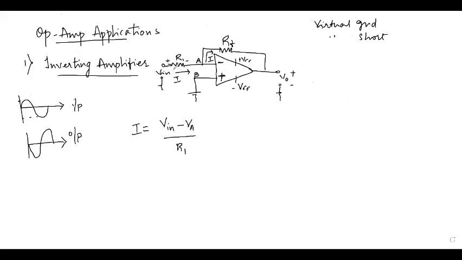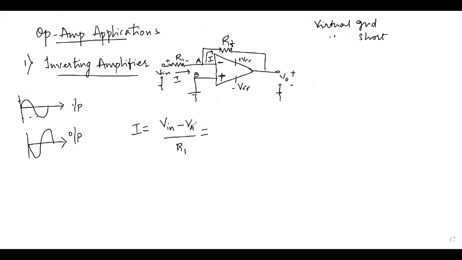So the current flowing through R1 is equal to Vin minus VA divided by this resistance. The potential here minus the potential here divided by this resistance, which I will call equation 1. Before that, as I said, according to the virtual ground concept, as this B is directly connected to ground, the potential at B will be equal to ground potential, and the point A will also be equal to the ground potential.